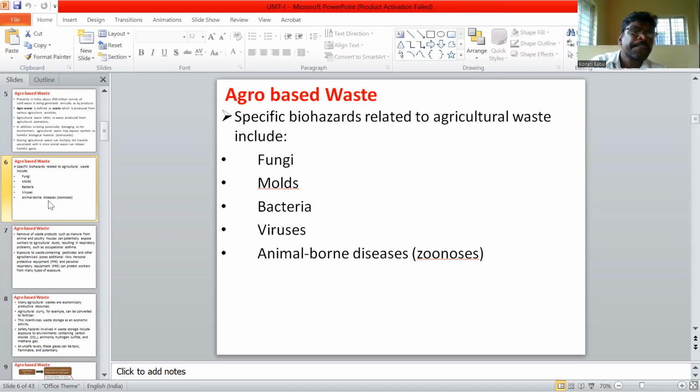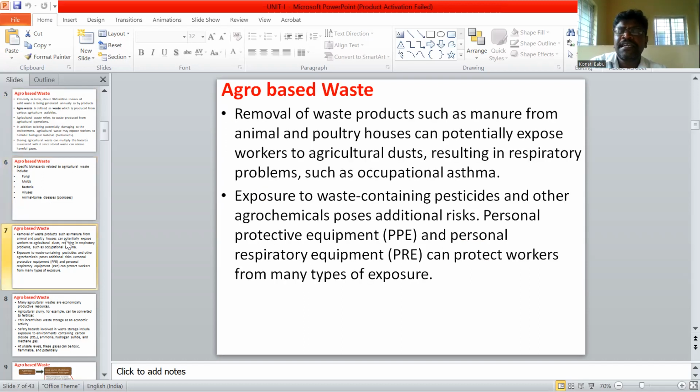Okay, so the removal of agro-based waste, such as manure from animal and poultry houses, can potentially expose workers to agriculture dust, resulting in respiratory problems such as asthma.